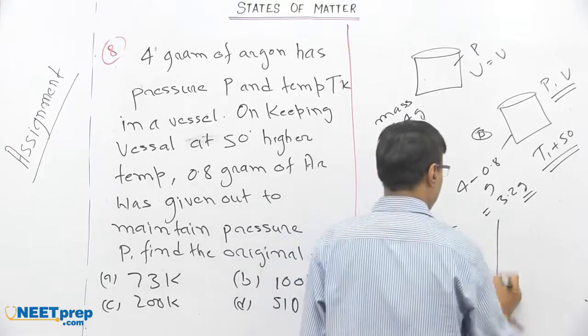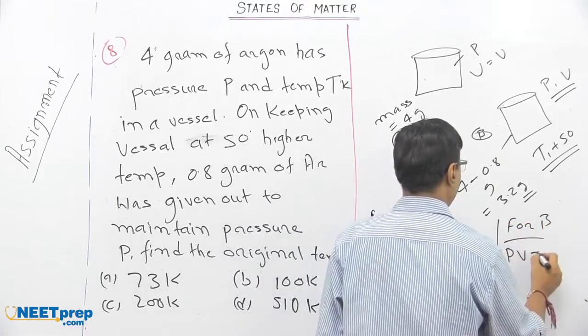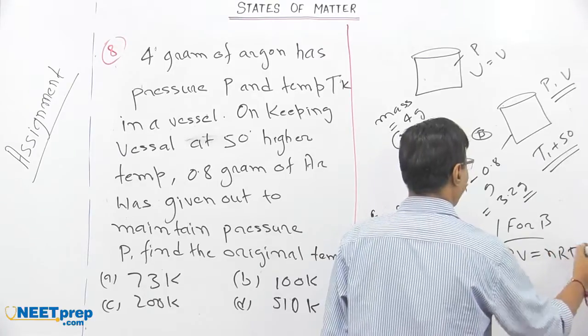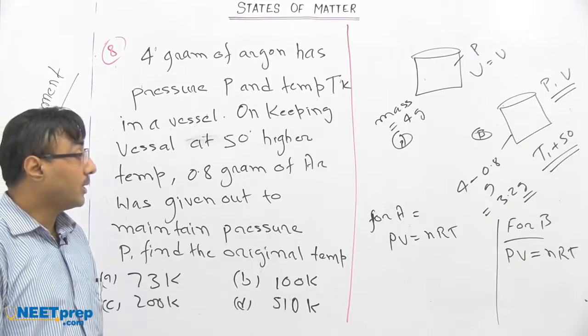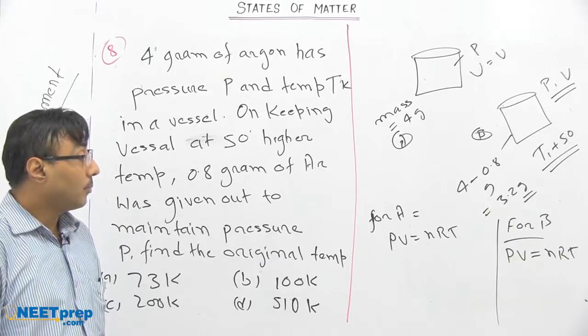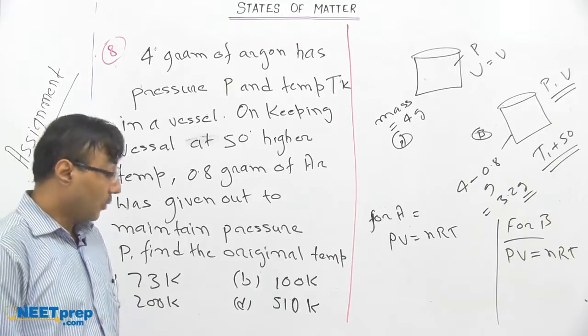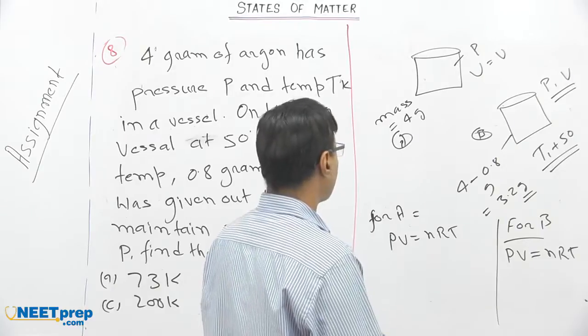For B, again it is PV is equal to nRT. In this case, we are going to change the temperature by 50 degrees Celsius. First cancel the part which is constant. P and V is constant.